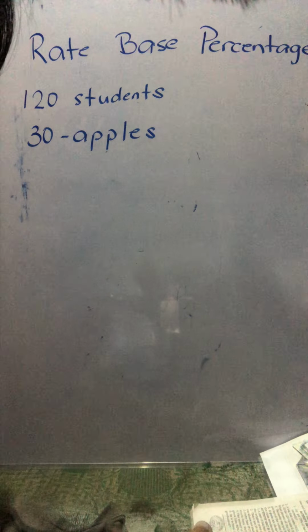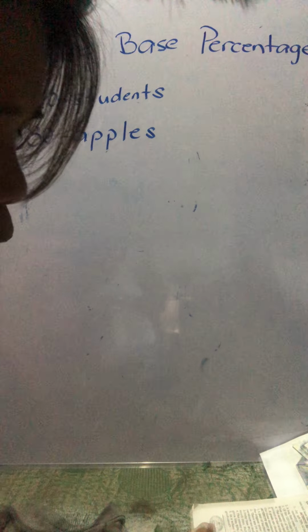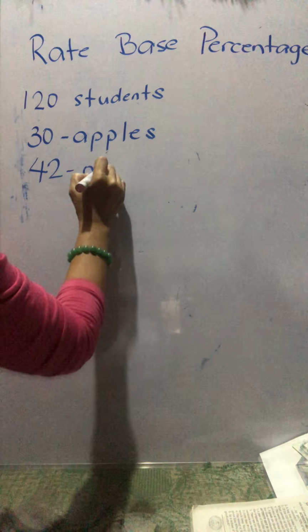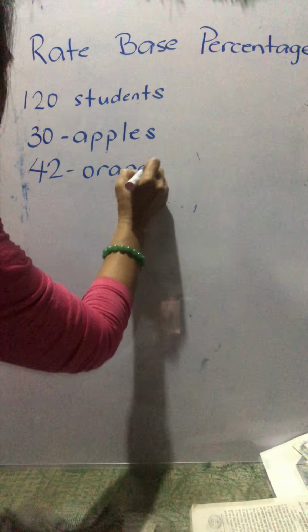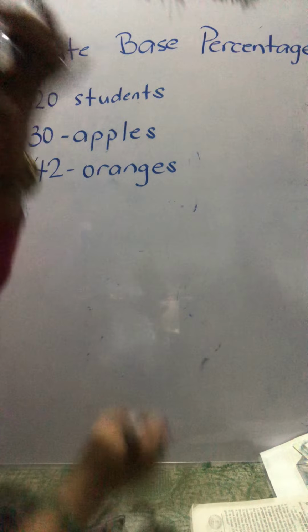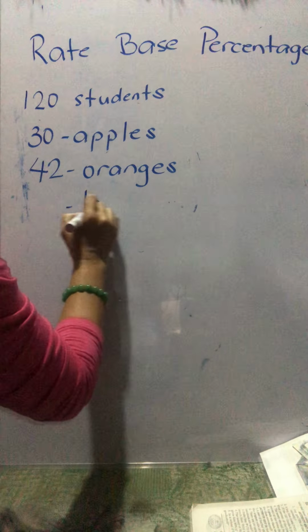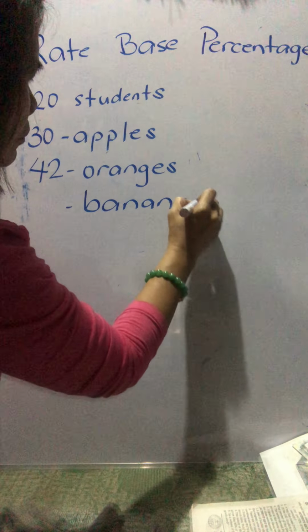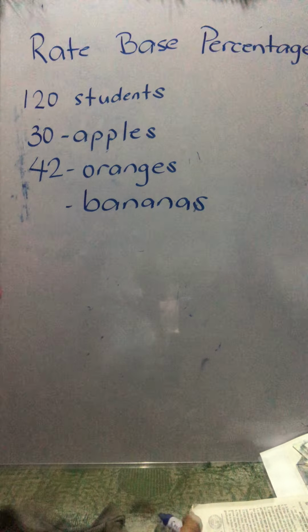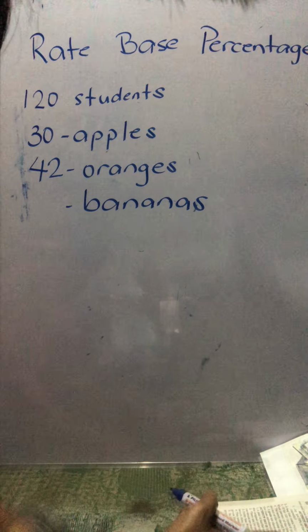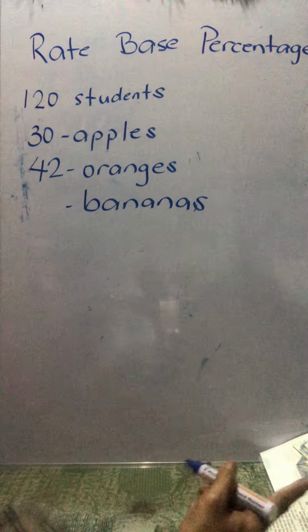And then next, 42 want oranges. 42 want oranges. And the rest want bananas. Want bananas. Okay. What percent of the grade 6 pupils prefer bananas?